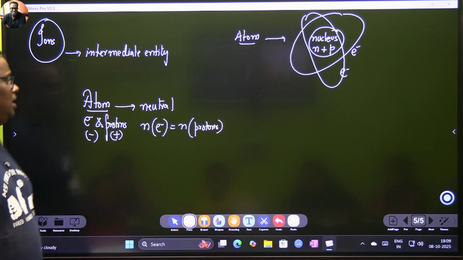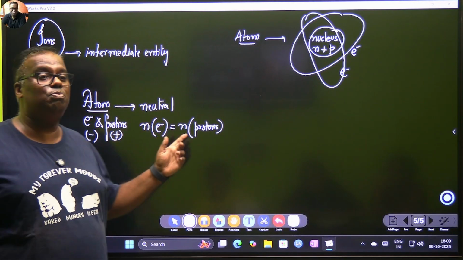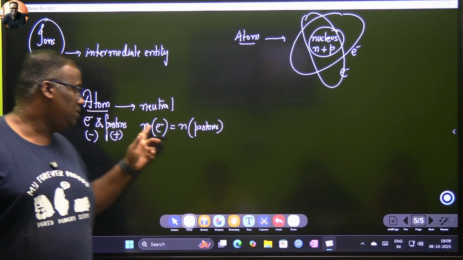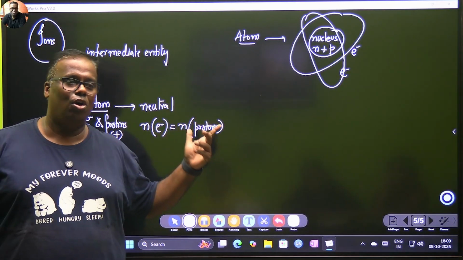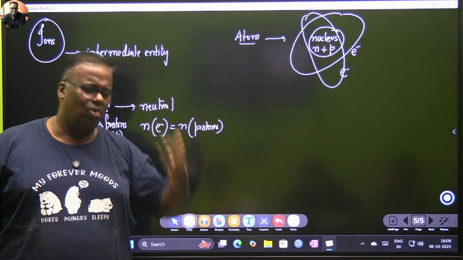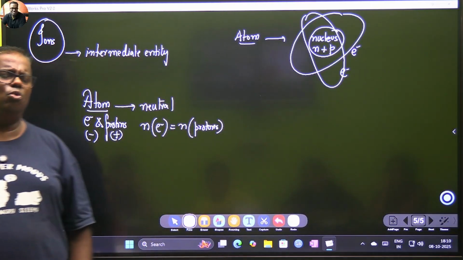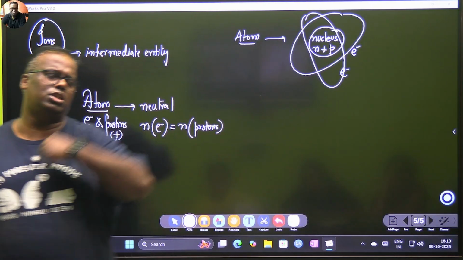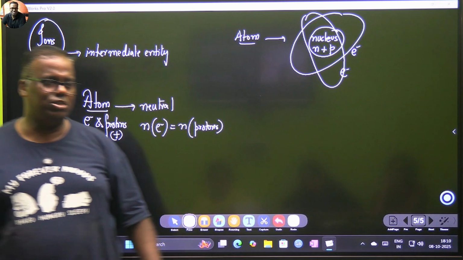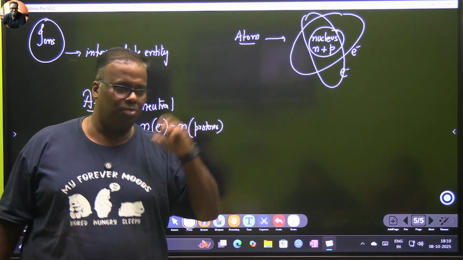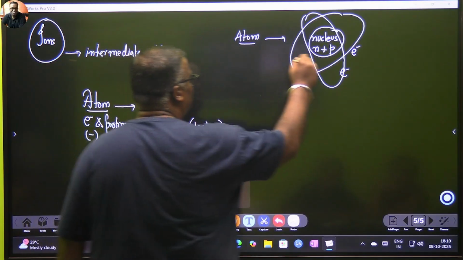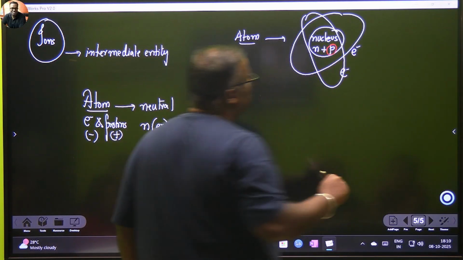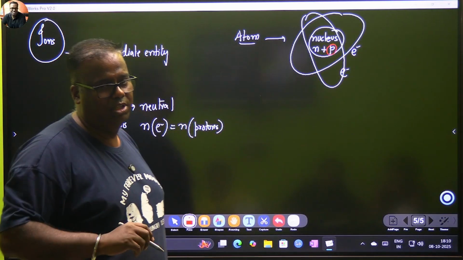Now see, if an atom has to become charged, that means this equation cannot be met. Either positive charge should be more or negative charge should be more. Now, as a layman, you will say, sir, for more negative charge, it has to gain an electron, and more positive charge means it has to gain a proton. But no, it's not like that. Proton ka position kahan pe hai? It is in the nucleus. Proton is absolutely sitting in front of the mother.